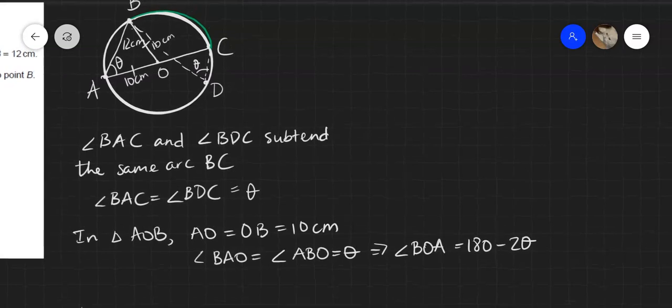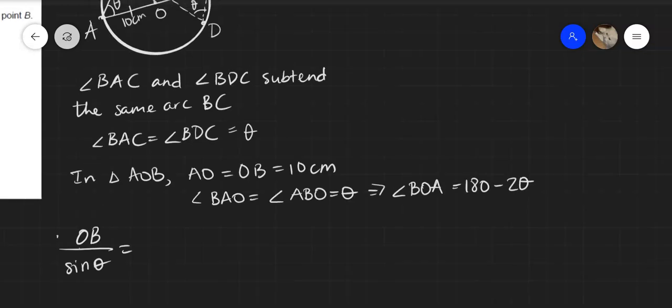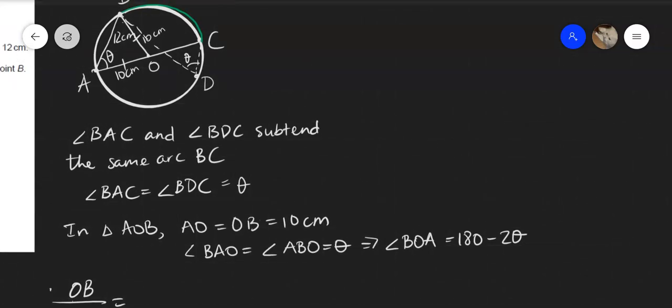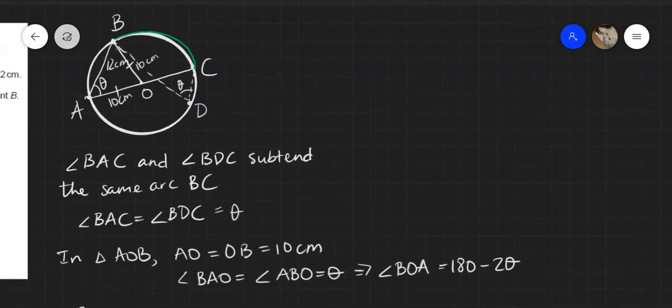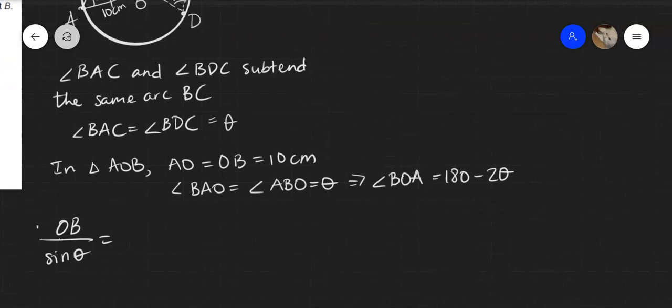The ratio of the side OB to the sine of the angle theta is the same as the ratio of the side AB to the sine of the angle O. So that's AB to the sine of the angle BOA, that's 180 degrees minus 2 theta.